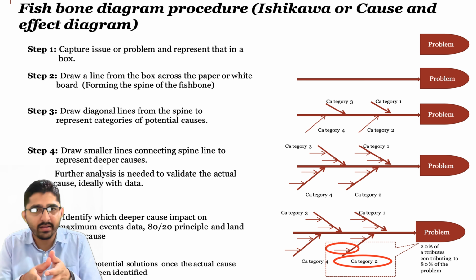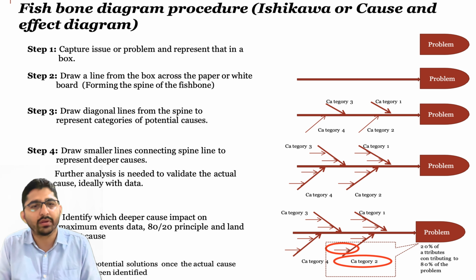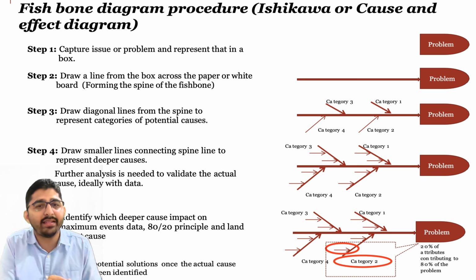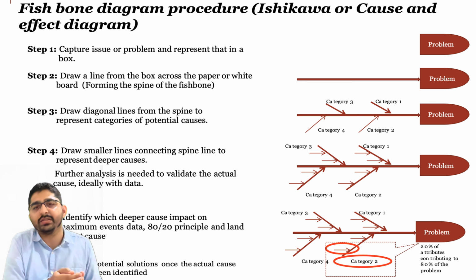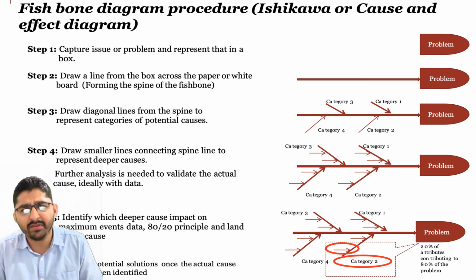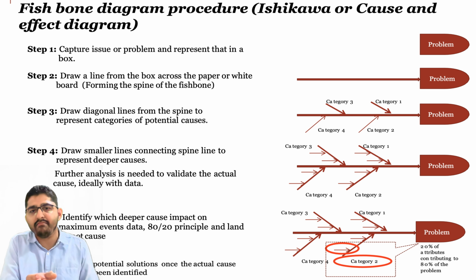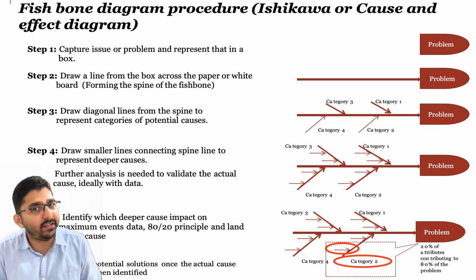So this diagonal is one of the multiple causes, right? Step 4, draw smaller lines connecting to the spine line to represent a deeper cause. So each cause will have a deeper cause, so we'll draw more lines on top of it. Then point number 5, identify which deeper cause impacts the maximum, using the 80/20 principle, to find the root cause, my friends.